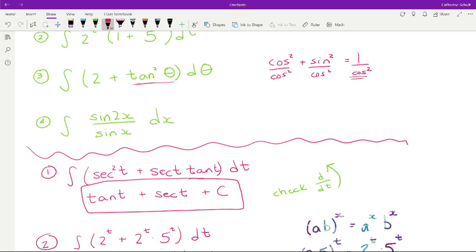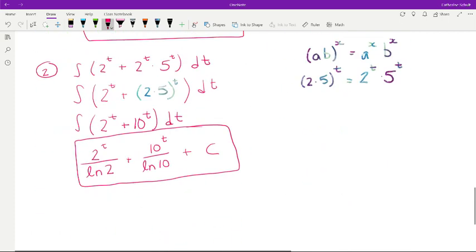All right, so let's transform tangent squared theta into secant squared theta. And we can do it 2 ways. We can make a substitution because tangent squared is equal to secant squared theta minus 1. And actually, let's just do that. I think that's the most straightforward.